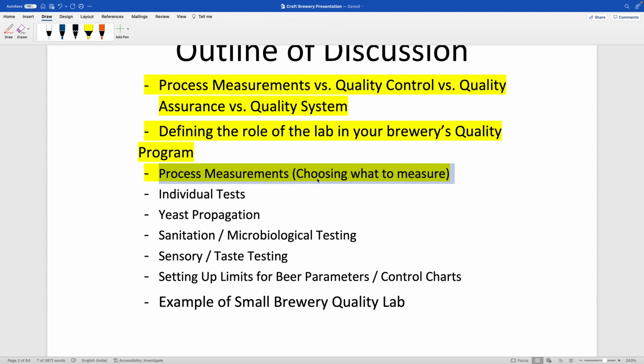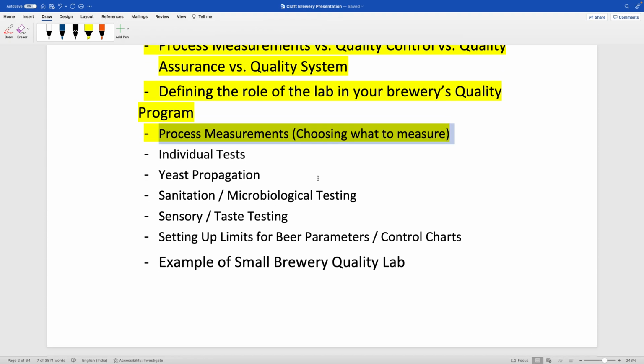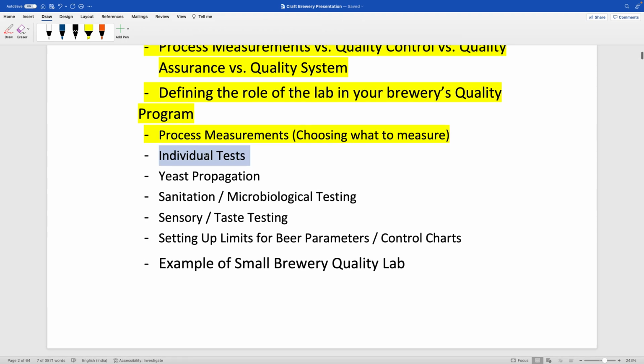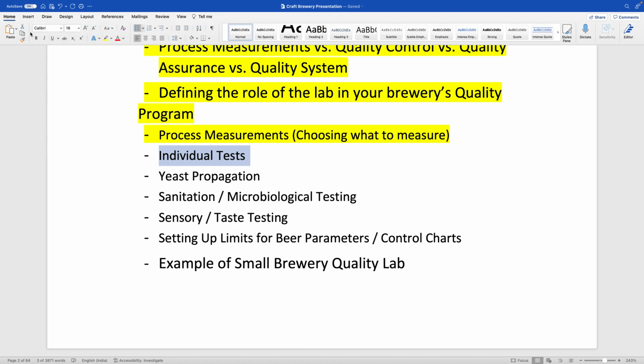In the last video, in part 4, we have discussed where we can take samples and where we have to use this quality labs. Today we'll be discussing all the individual tests that one can use to maintain the quality of their craft breweries or microbreweries.